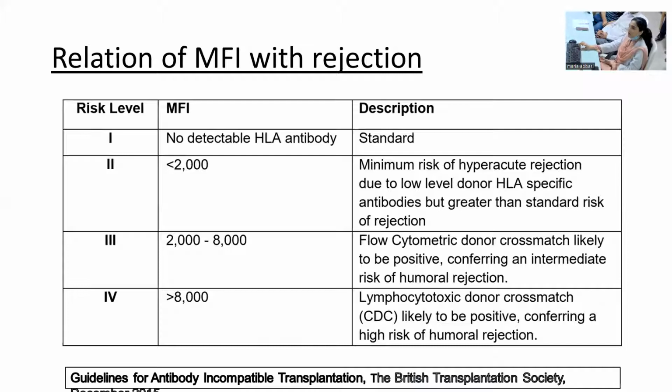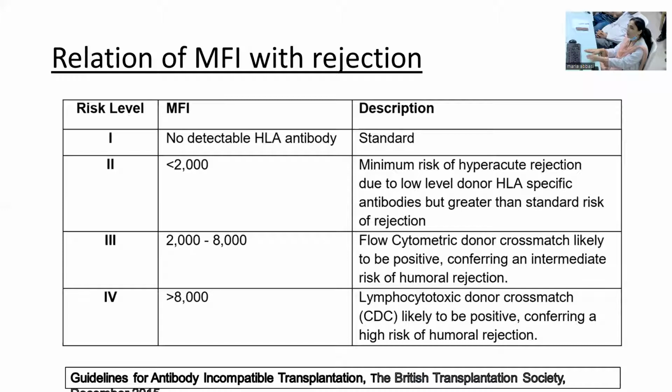This is actually the relation of the MFI with the rejection. But here again, it varies from institution to institution. This is just the standard MFI according to the guideline. If there is no detectable HLA antibody, obviously that will fall under the standard. But if it is less than 2,000, then there is minimal risk of hyperacute rejection.